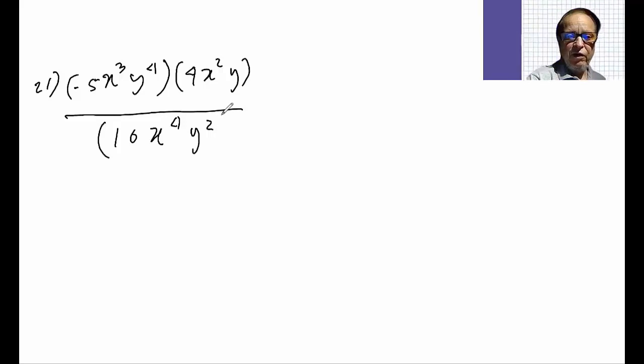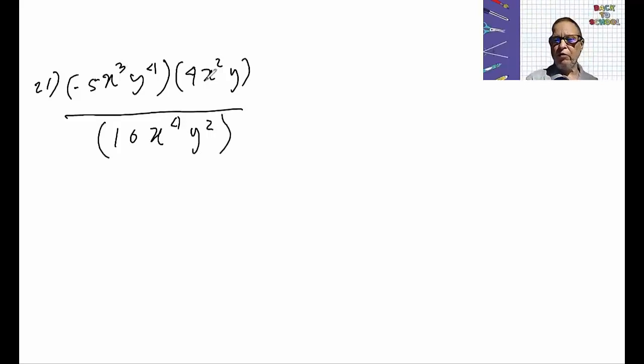I'll put that in brackets. So 1, 2, 3 monomials here. But we go about this the same way, because here we'll probably have to use the product rule and the quotient rule to complete this one.